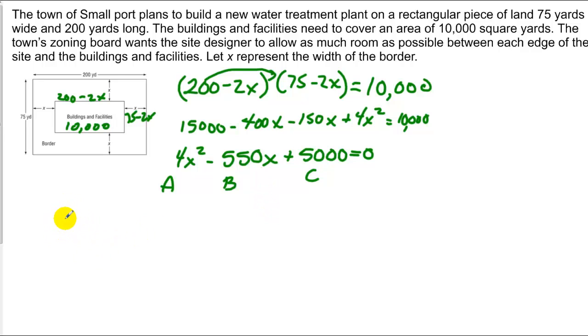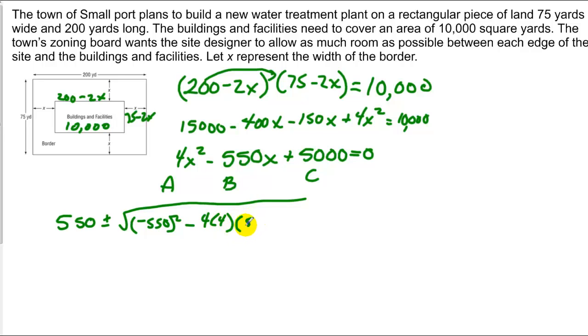So if we take the opposite of b, I have 550 plus or minus the square root of negative 550 squared minus 4 times 4 times 5,000 over 2 times 4.